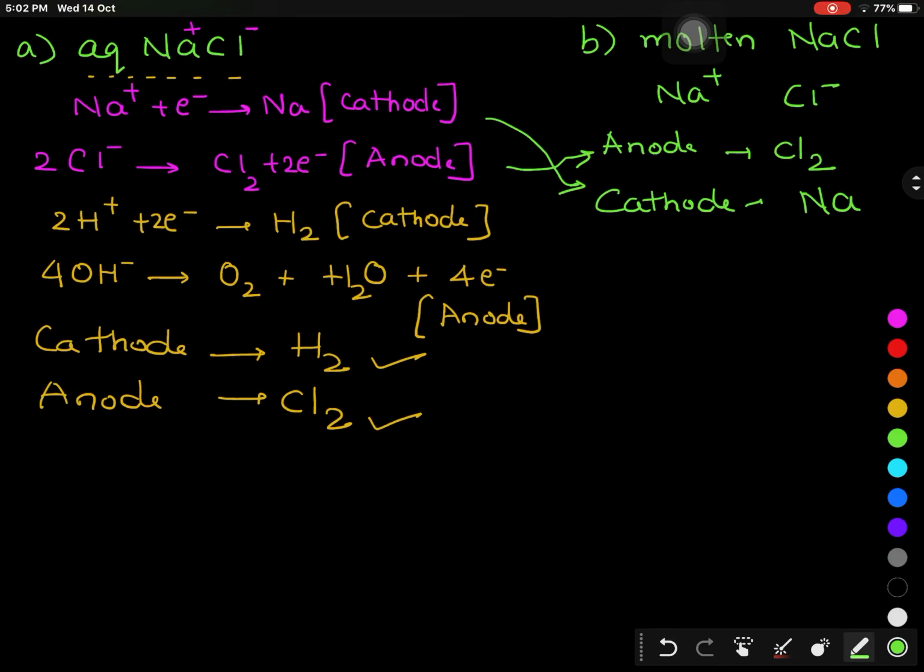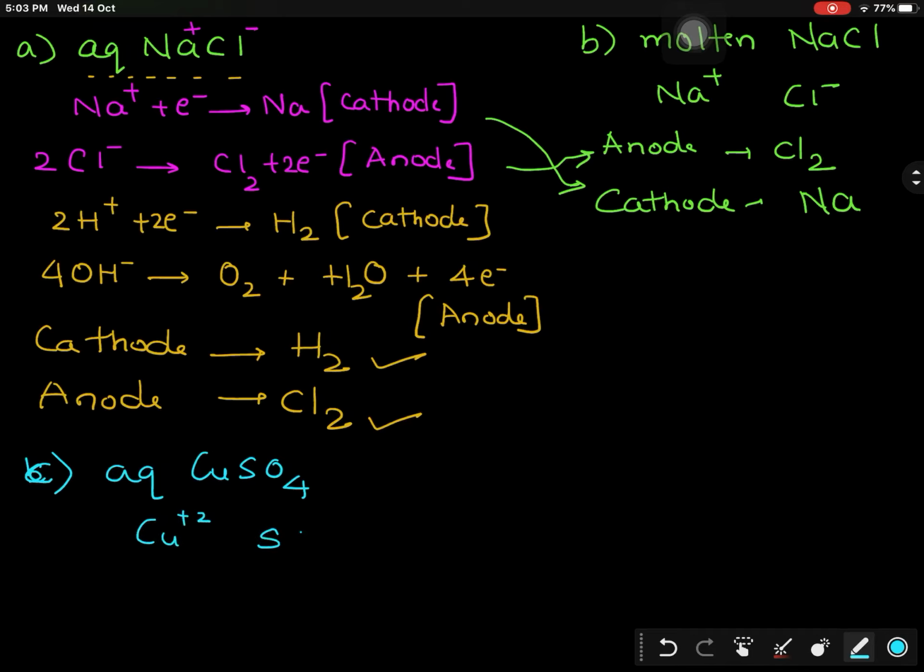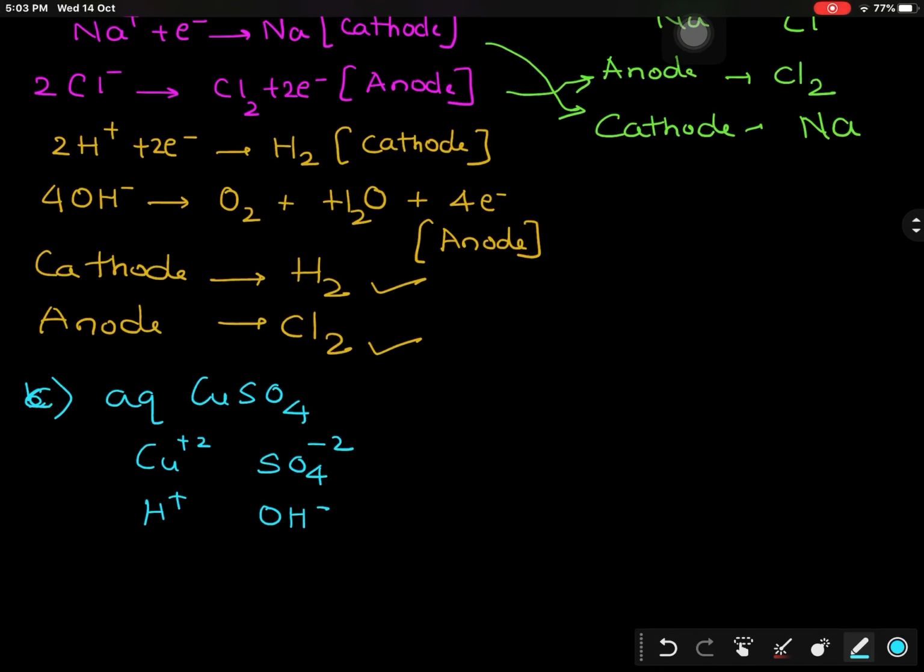Instead of this, suppose I take second part, C part, suppose I take aqueous copper sulfate and electrolyze this. So in the aqueous copper sulfate, I will have copper plus 2 and SO4 minus 2. So also H plus and OH minus. Now the question is, out of copper plus 2 and H plus, see this positive ion will go at cathode, right? And negative ion will go at anode.